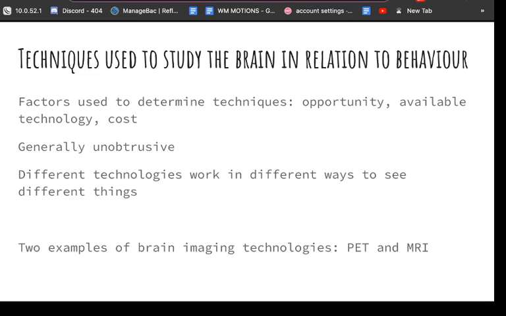And different technologies work in different ways to see different things, so some technologies you apply might not necessarily work for other situations.